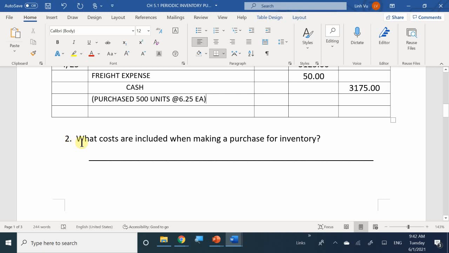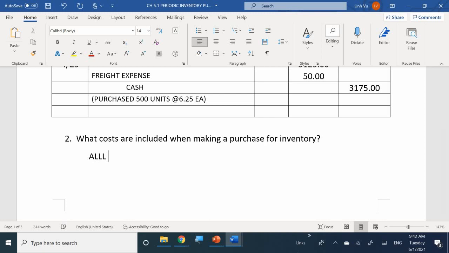All right, question number 2. What costs are included when making a purchase of inventory? All costs to get the items to the store. Yes, good. All costs to get the items slash assets to the store.